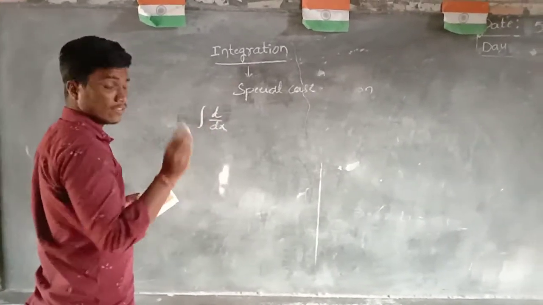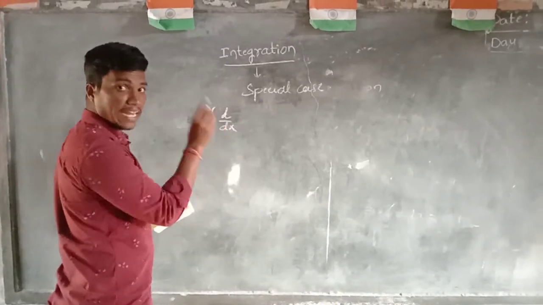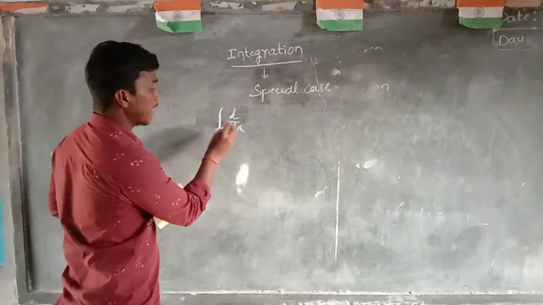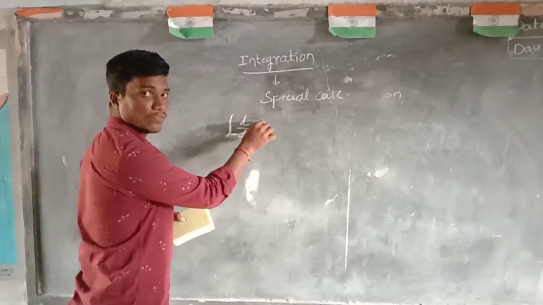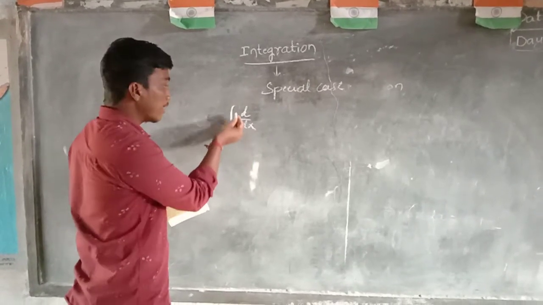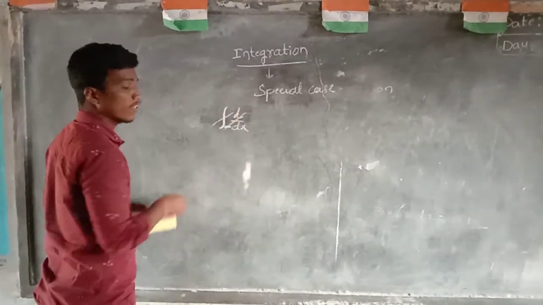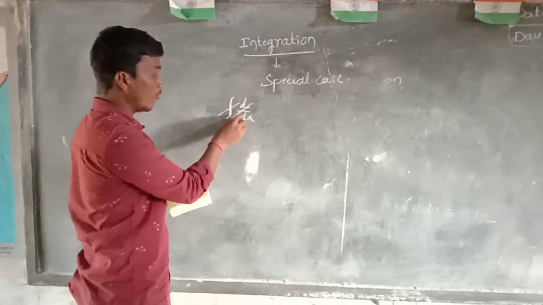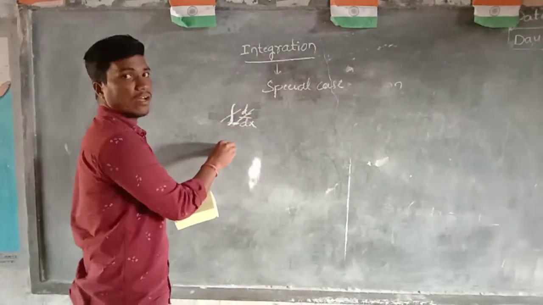Observe one thing: when I write integration and differentiation at the same time, these two are inverse operations. If we write integration with differentiation, these two get nullified, which means they cancel each other. When we write integration and differentiation at a time in one formula, it will be nullified.